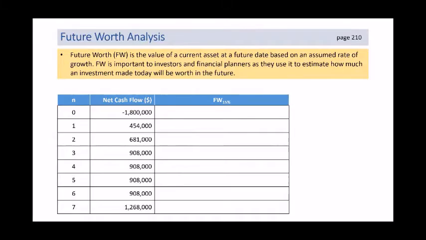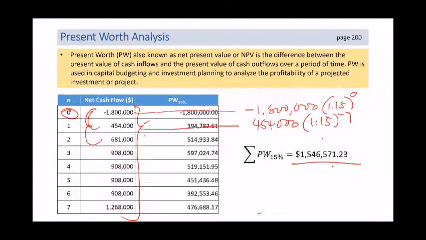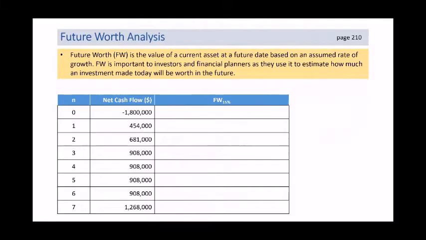Same as the present worth analysis, we have the future worth analysis, but this time we will use the F, the future value, instead of present worth. Same procedure. We do this, but this time it is FW. So therefore, here we have negative 1.8 multiplied by 1.15 raised to what? Yes, correct.